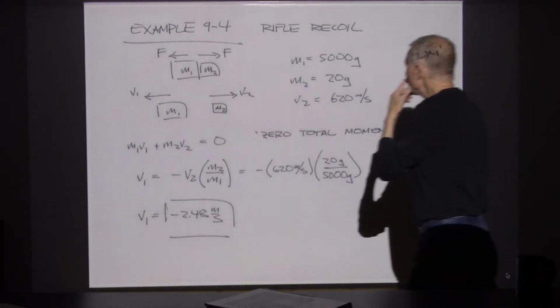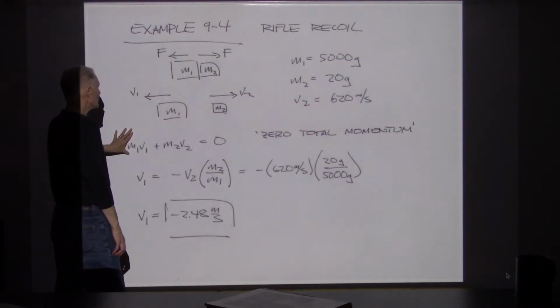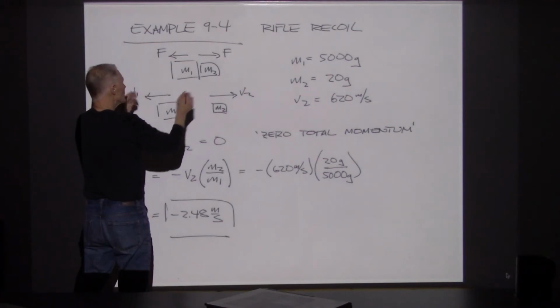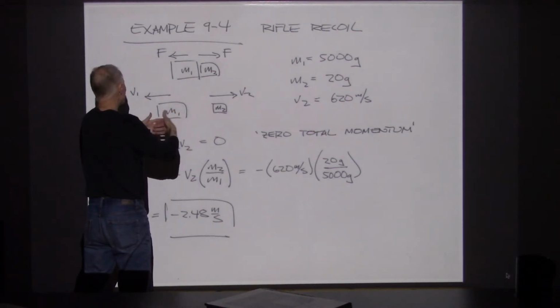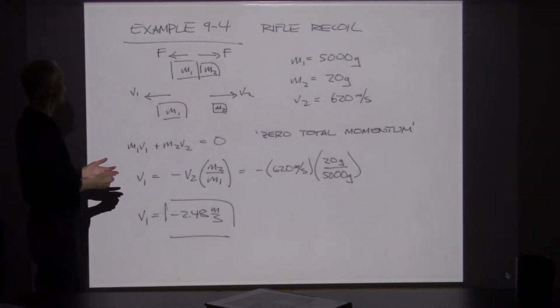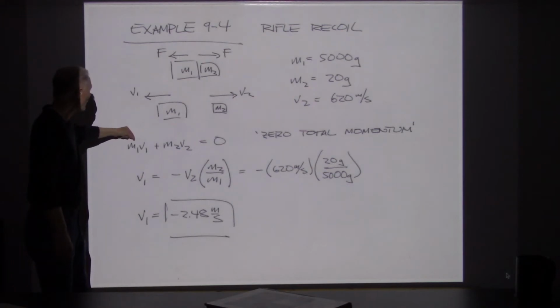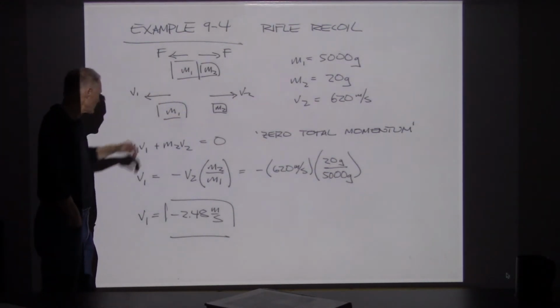So the combined momentum before the collision was 0. The combined momentum after the collision, I guess this is more of an explosion than a collision, needs to continue to be 0. And so m1 v1 plus m2 v2 have to add up to 0.